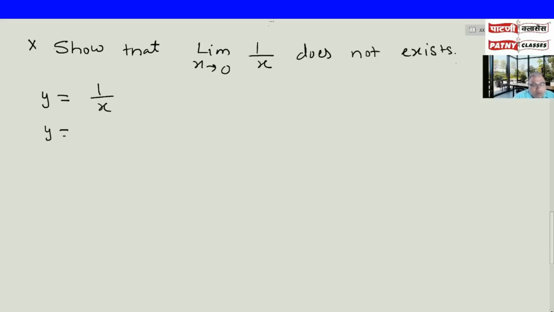Now y equals x raised to 0 upon x raised to 1. 1 can be written as x raised to 0, so that is a top index equal to 0, and here x is x raised to 1, that is a bottom index equal to 1. Here the top index is smaller than the bottom index, therefore the asymptote is y equals 0.